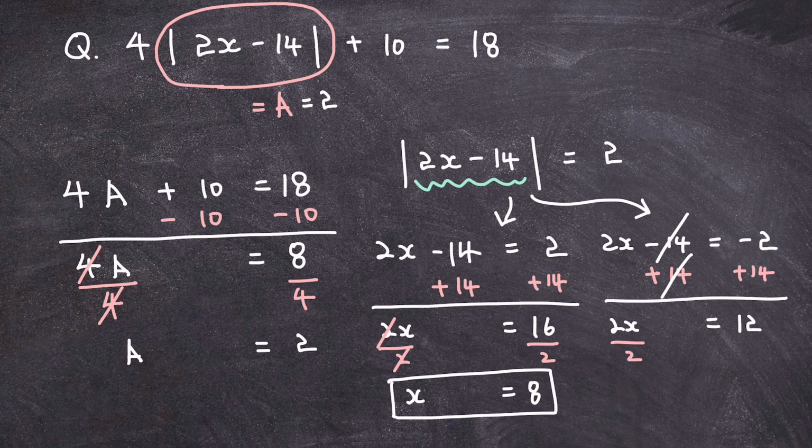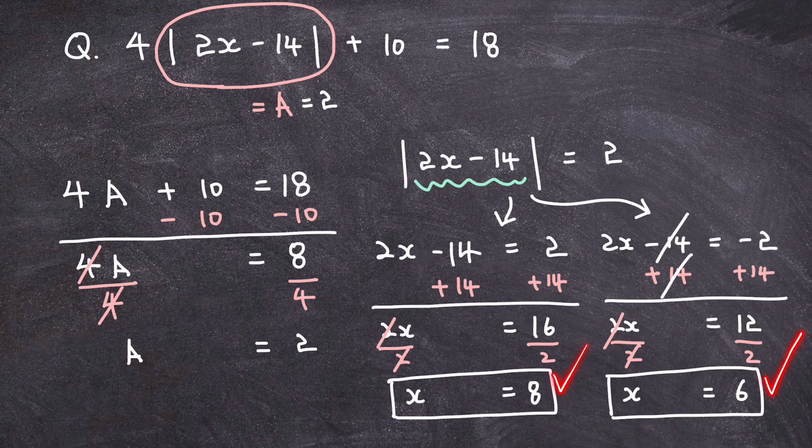And if I divide both sides with 2 to get rid of that coefficient of 2 in front of x, I have x is equal to 6. So I need to include both of these answers as my final answers for this question. So my answer is that x is equal to 8 and x is equal to 6.